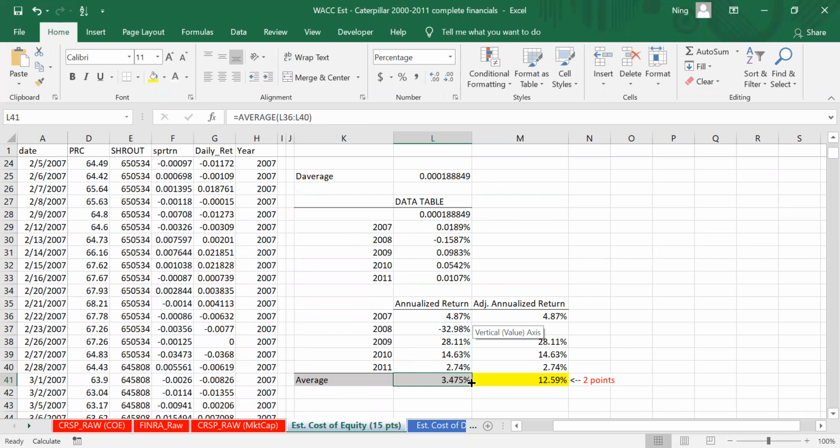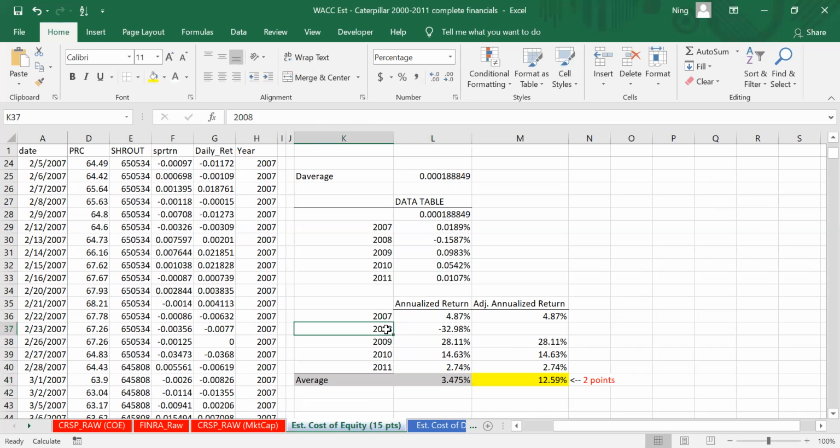And as you see, the result here, the average annual return, is only 3.475%. And based on our understanding of the stock market, this annualized return is a little too low for S&P. Retrospectively, we look at the input variables for this return.